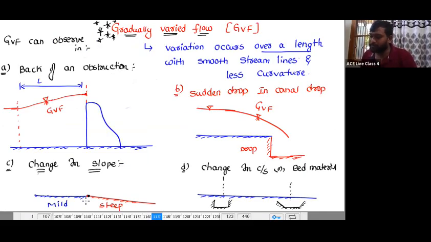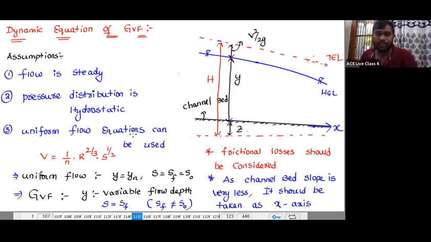What is one of the assumptions I made? I can use the uniform flow equation, right? But if I say GVF, then should I take S as Sf or S as S naught? S as Sf. And if that Sf is S naught, you are going to get uniform flow. But in the case of non-uniform flow, meaning GVF, Sf is not equal to S naught.